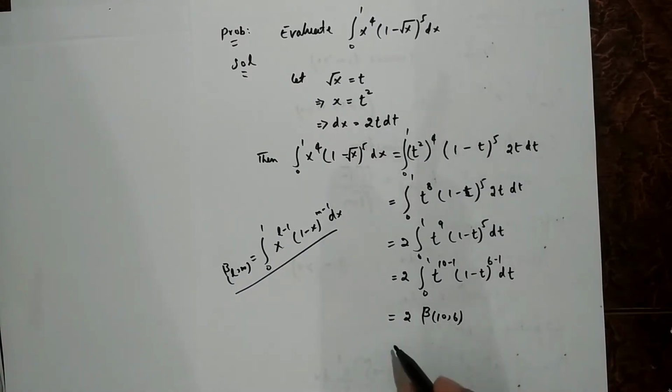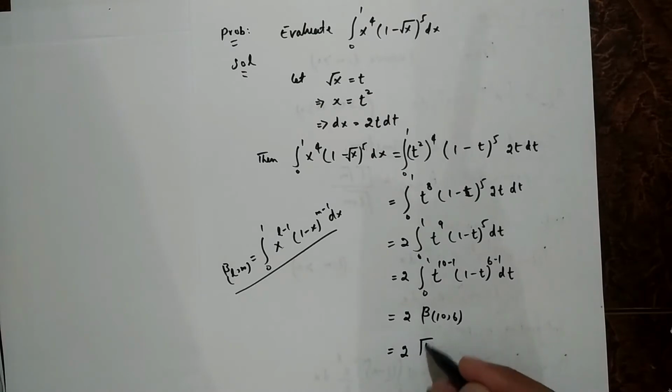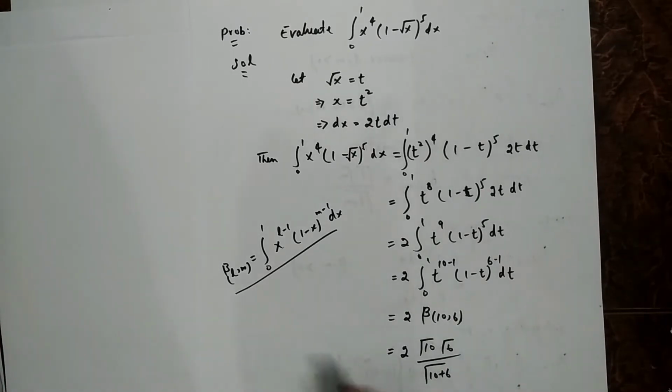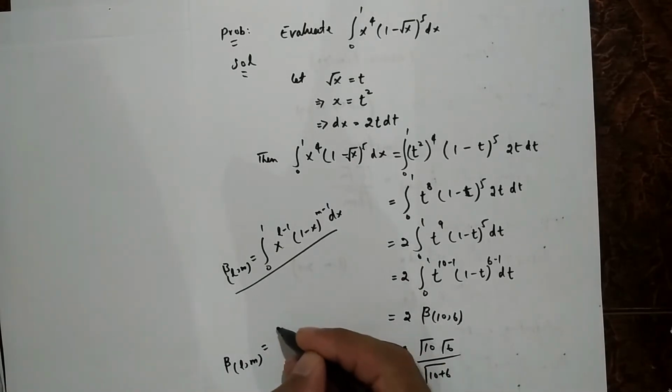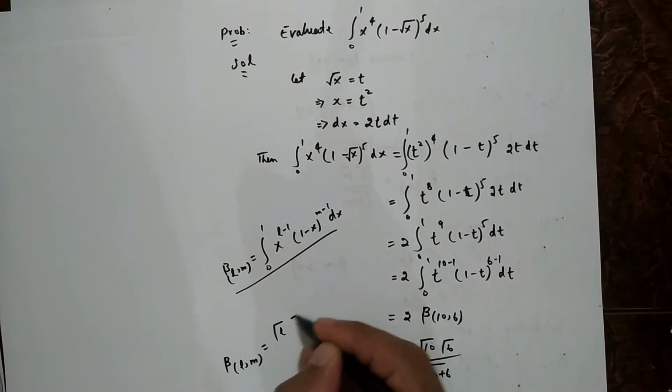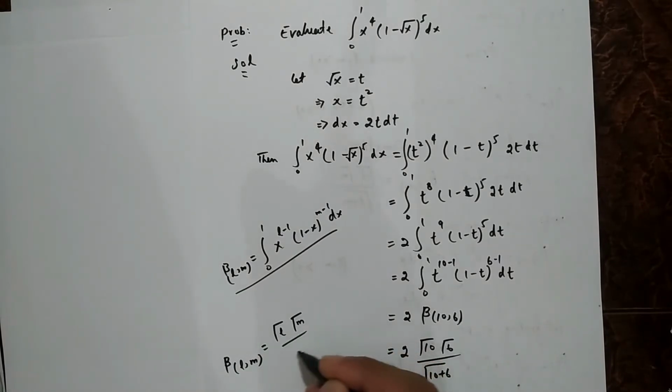Further we can write it as 2 times gamma 10 gamma 6 upon gamma(10 plus 6). As we know, the property of the beta function which we discussed in the previous lecture was beta(l, m) can be written as gamma l times gamma m divided by gamma(l plus m).